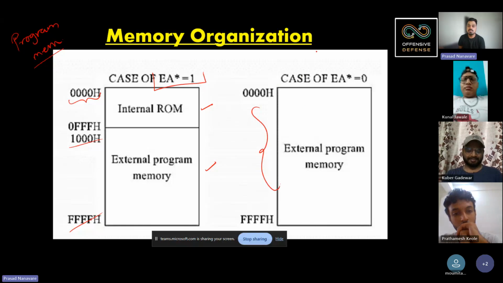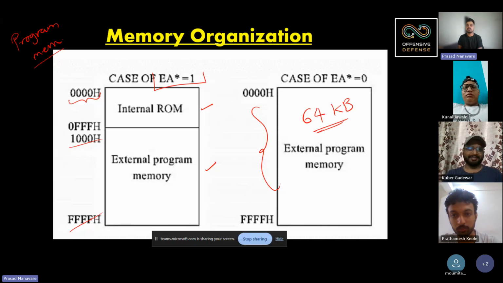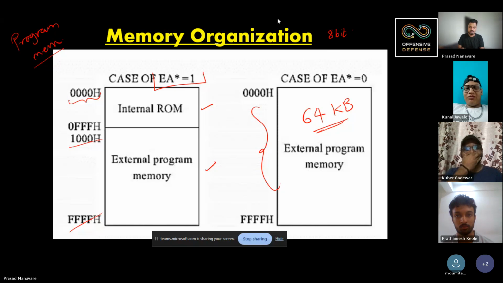So how much external memory can we connect to the microcontroller, which is 64K, and how did this number come into the picture? Let's say my microcontroller is an 8-bit microcontroller. Then how will it work?